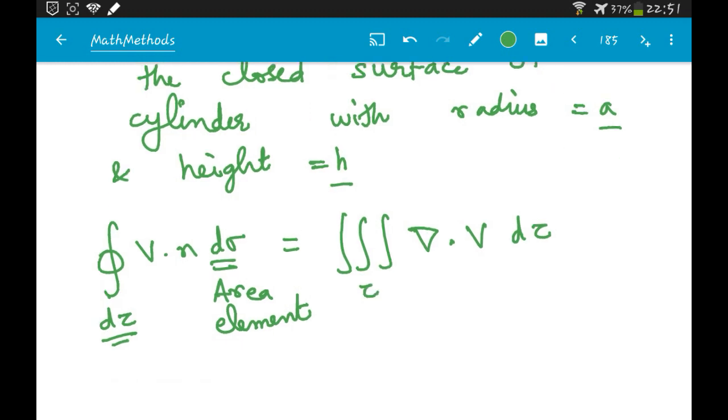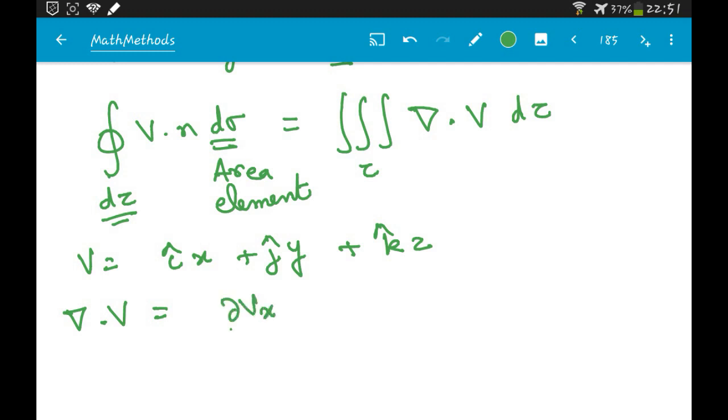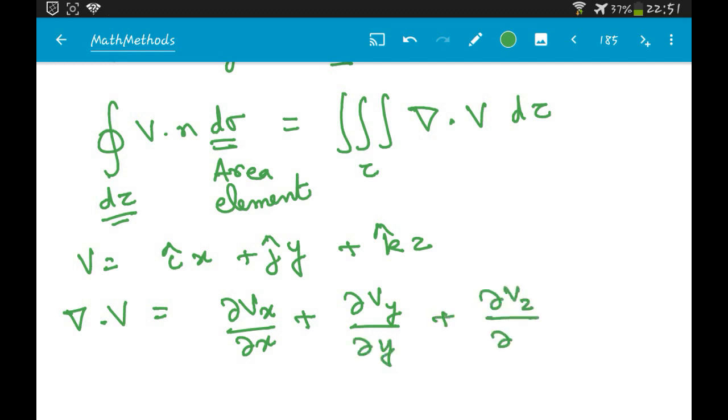So what is the divergence of V? V is given by Ix plus Jy plus Kz. So the divergence of V is nothing but dou Vx by dou x plus dou Vy by dou y plus dou Vz by dou z.